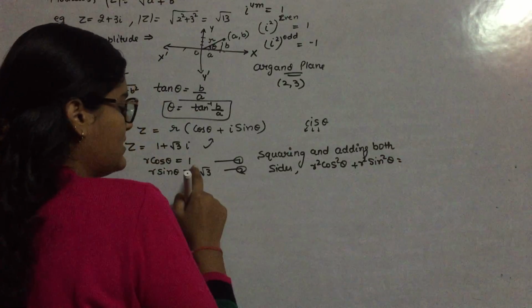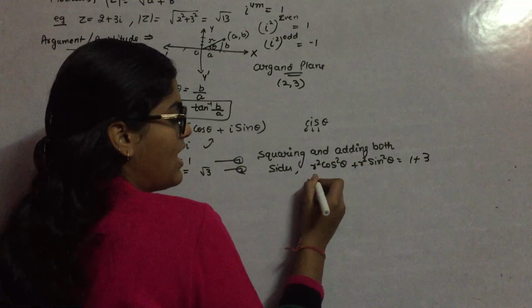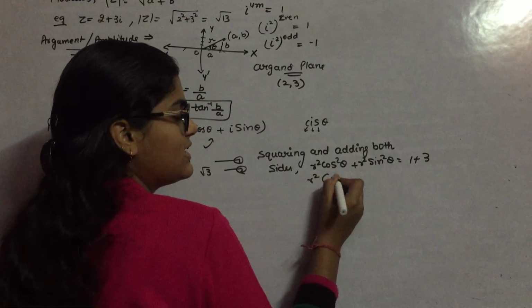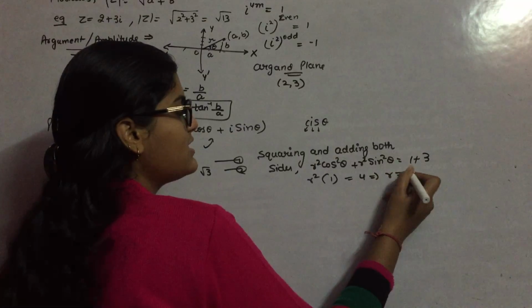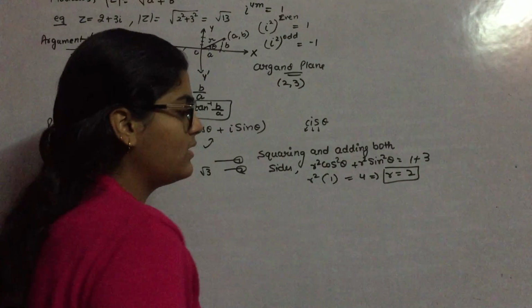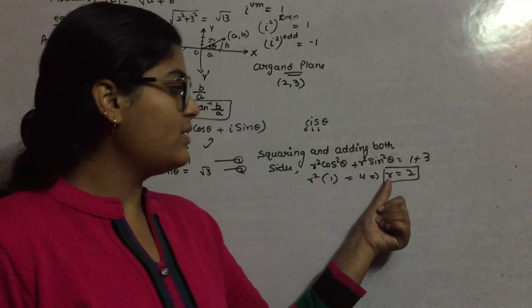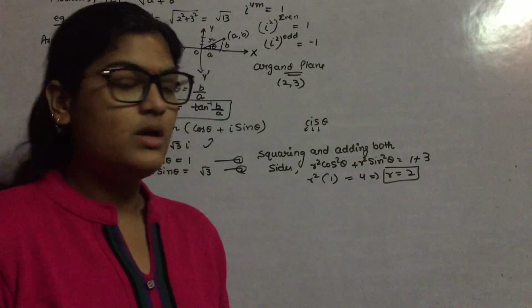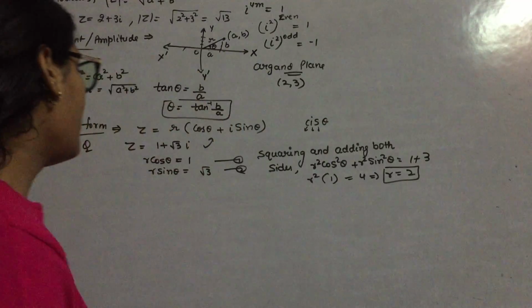Same on the right side, 1 square is 1, root 3 square is 3. If you take r square common, then cos square theta plus sin square theta comes out to be 1. So r square is 4, and r is equal to plus or minus 2 on solving, but it is a magnitude, so we have to take it in positive form.